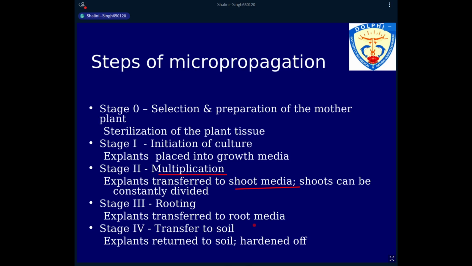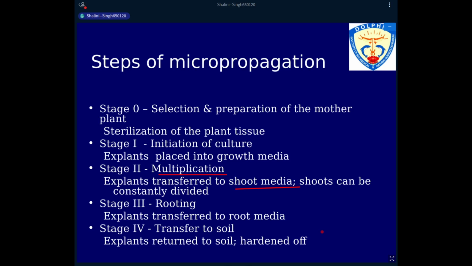Then the last stage is transfer to soil, where you are doing hardening and acclimatization. So for hardening and acclimatization, what will happen? The plants which you have raised here in tissue culture, you will take them out of the flask. You will wash the roots that you have developed. There should not be agar media left, and then the plant is transferred first into a disposable pot.